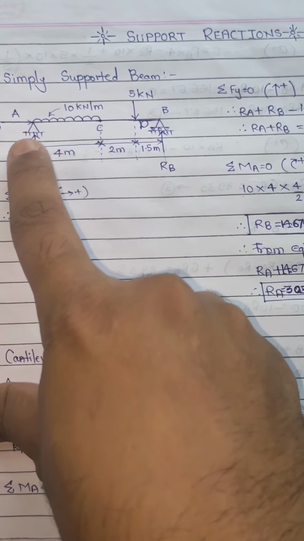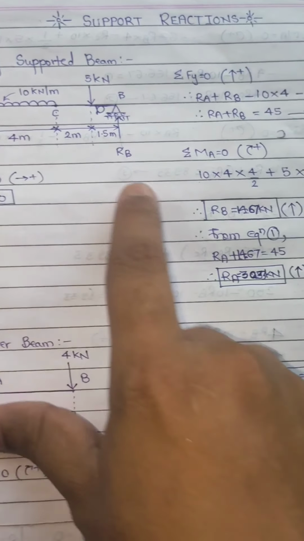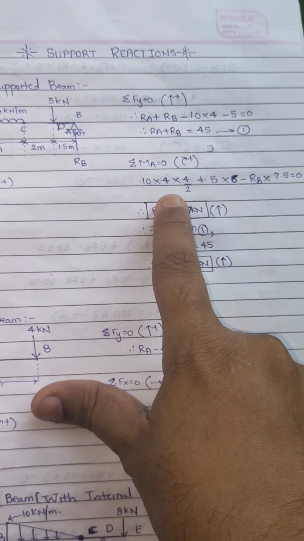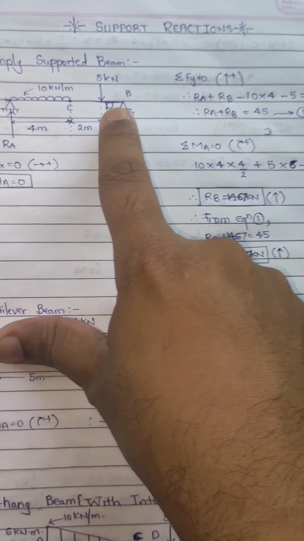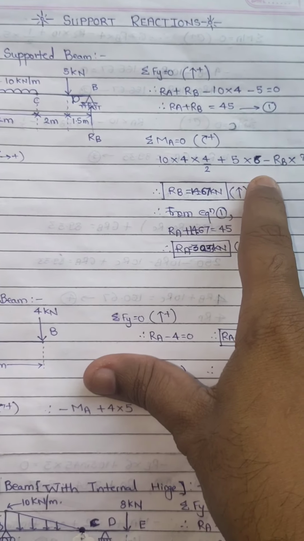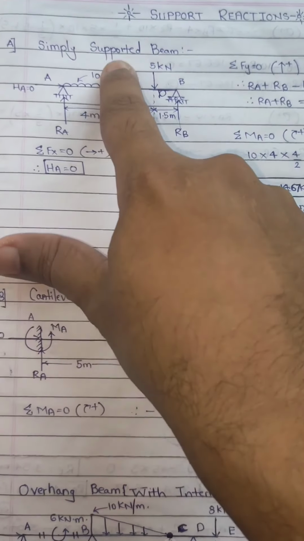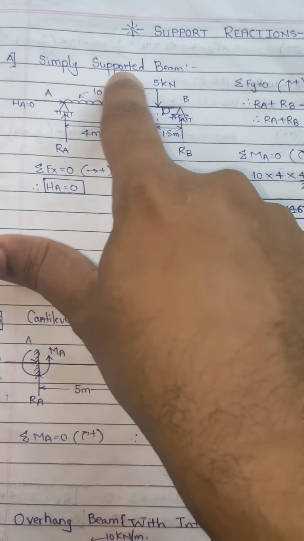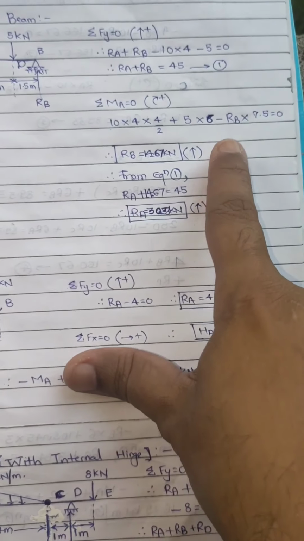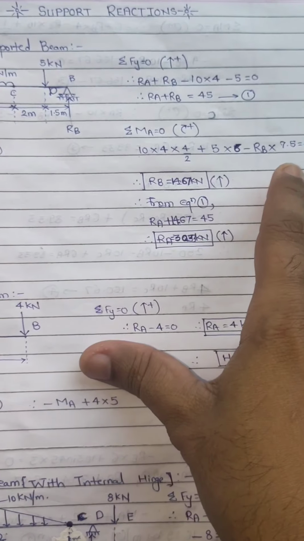So 10 is the intensity, 4 is the span, and it will be exactly distributed at the midpoint, 4 by 2. So it will be 10 into 4 into 4 by 2. Then this 5 kN is at 4 plus 2, 6 meter distance, so plus 5 into 6. Minus Rb, because Rb is going anti-clockwise while these both were positive, so minus Rb into 7.5, the total length is 7.5, equal to 0.